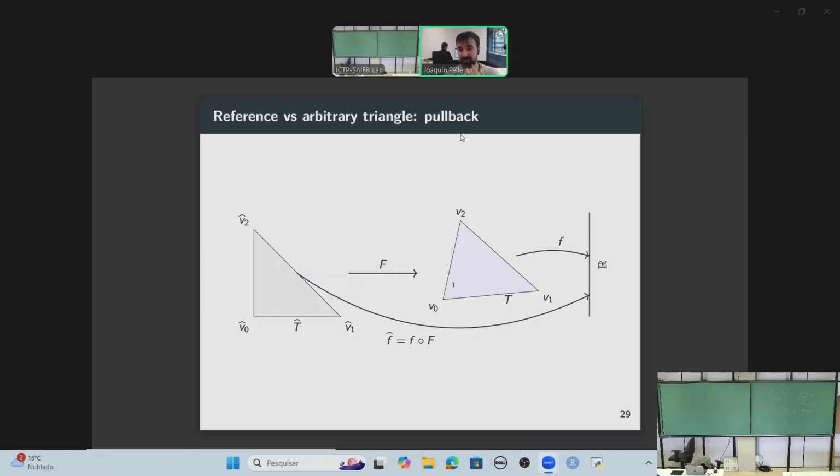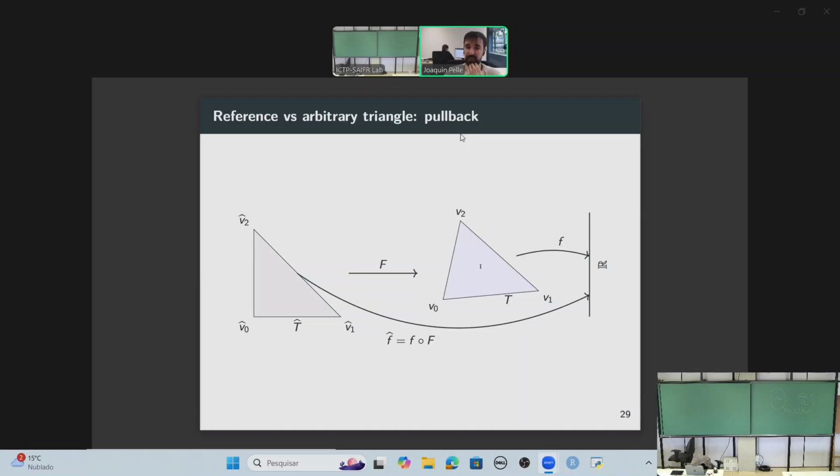And now let's imagine that we have a certain real function that lives on the physical triangle, right? So for each point on this triangle, it evaluates to some real number. And we want to translate this now to the reference triangle, right?